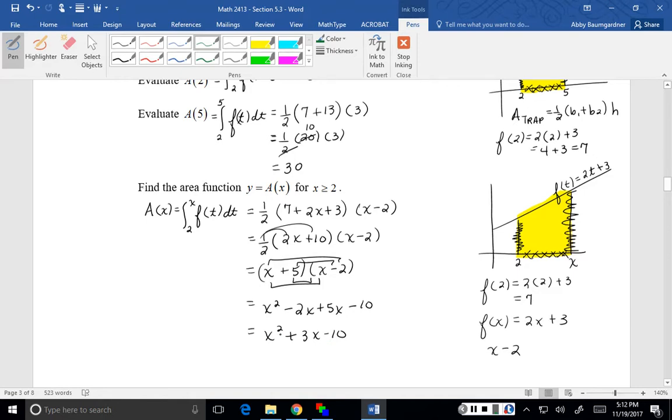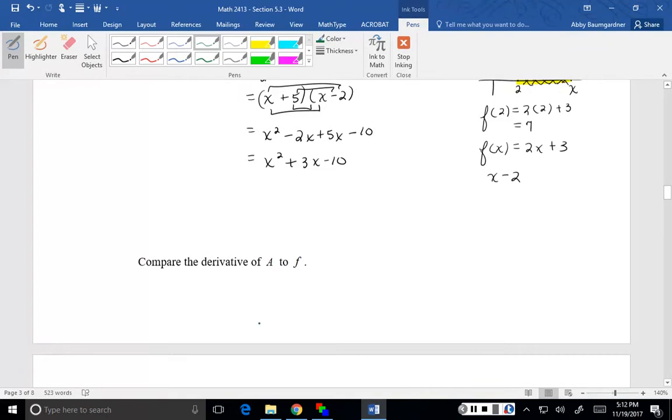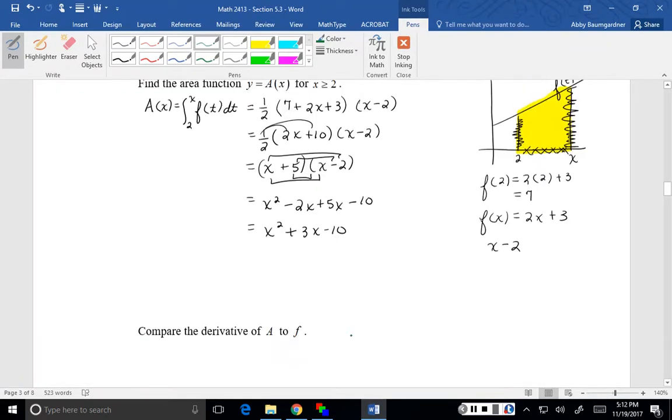And let's look at the next thing we're told. Compare the derivative of a. This is interesting. Compare the derivative of a, which we have up here. So let's find that derivative of a. Derivative of a is the derivative of this. Compare that to f.